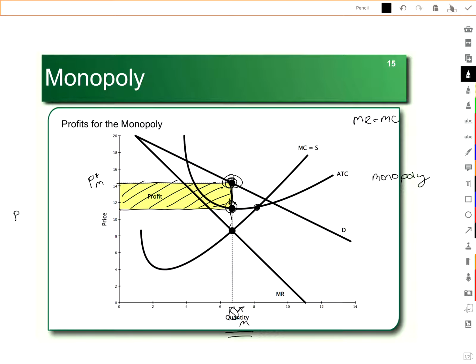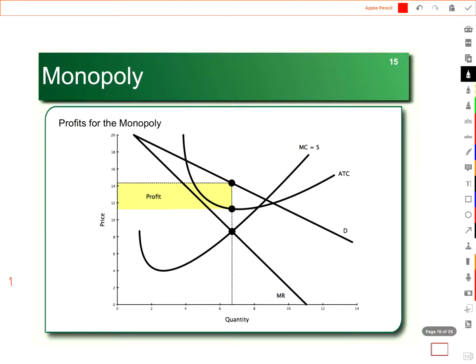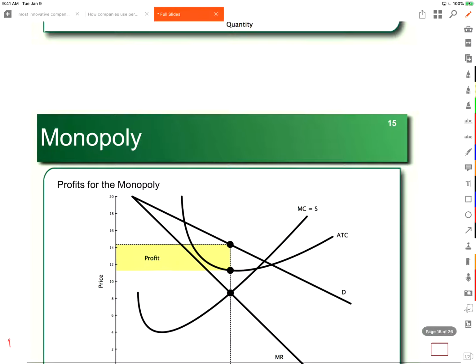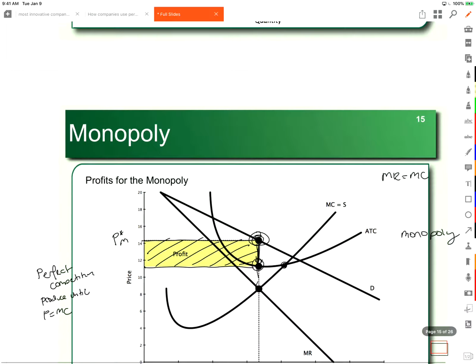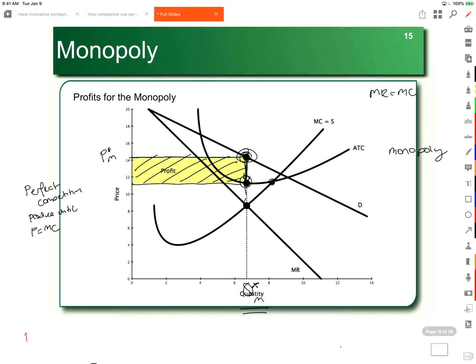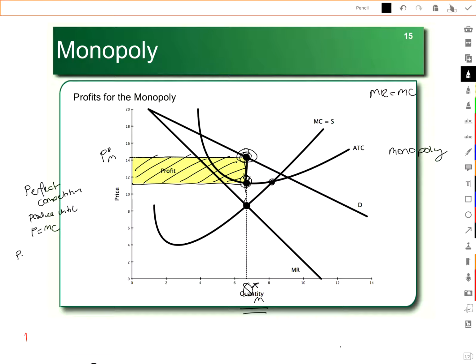Well, in perfectly competitive markets, recall we produce until price is equal to marginal cost, and in the long run, we end up at a price that is equal to the break-even price. So where would that be on this graph? Well, that is here.